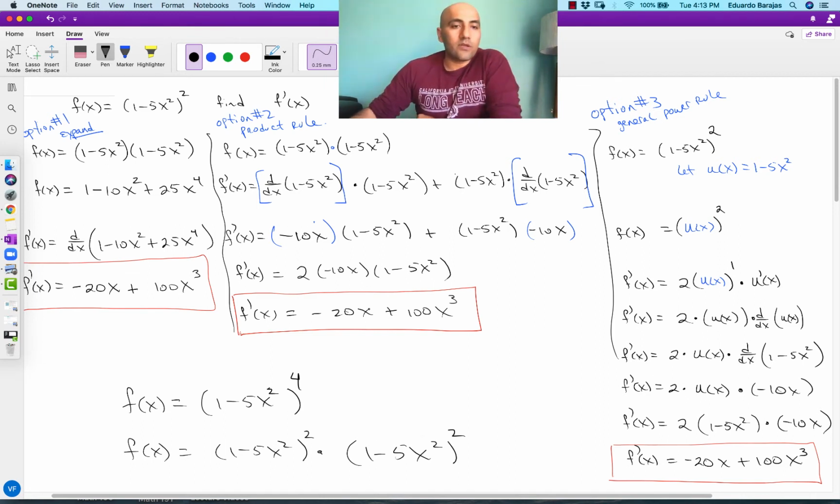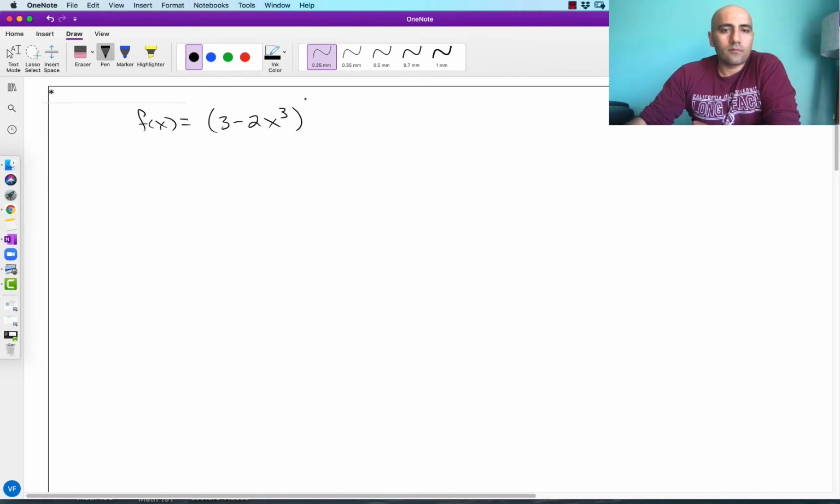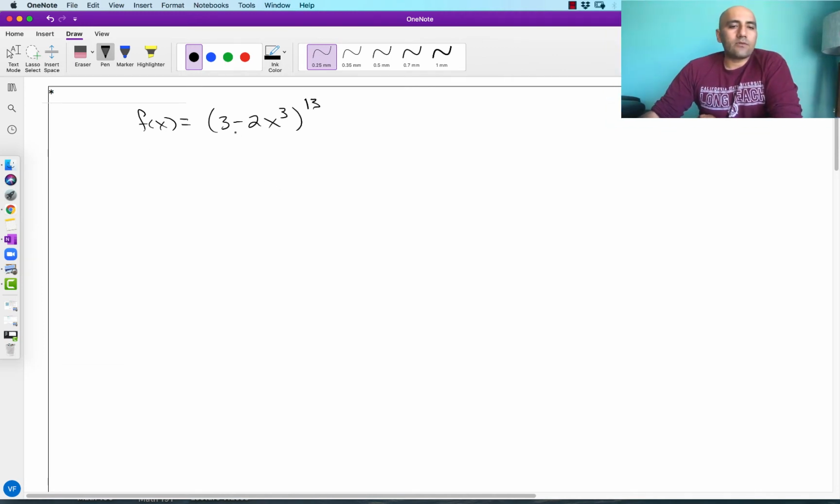Okay, let's do another example, and I'm just going to avoid the other ones and jump right to our general power rule. Let's say f of x equals 3 minus 2x cubed to the power of 13. Okay, so now it seems pretty obvious you don't want to FOIL this, right?